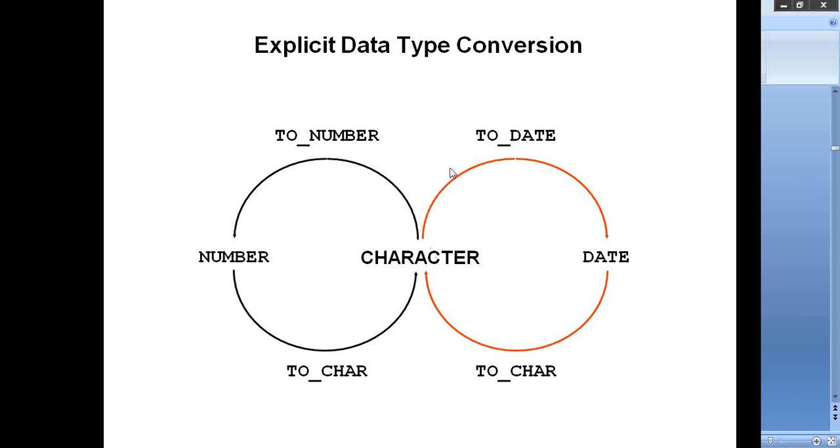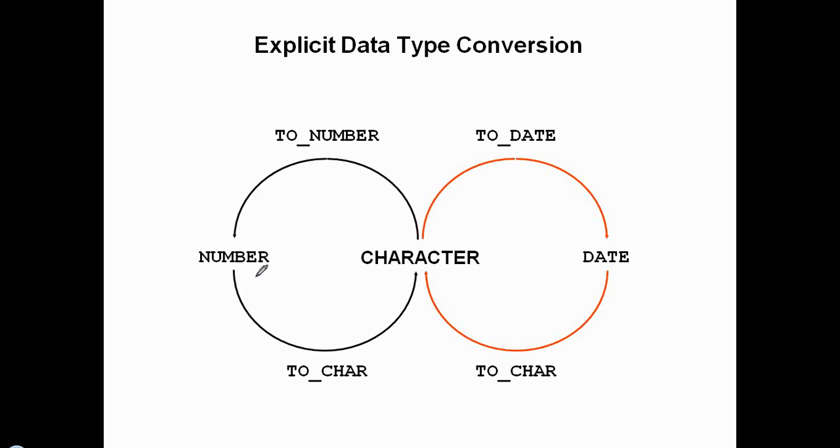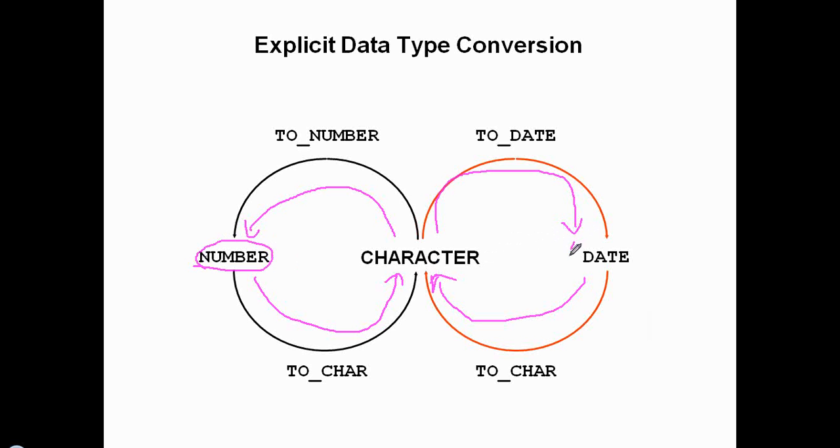And when you want to convert a character to a date, you use ToDate, and a date to a character, you would use ToChar like this. So that means there is no direct conversion between a number and a date data type. You cannot convert a number to a date directly or a date to a number. First you need to convert to a character in between.